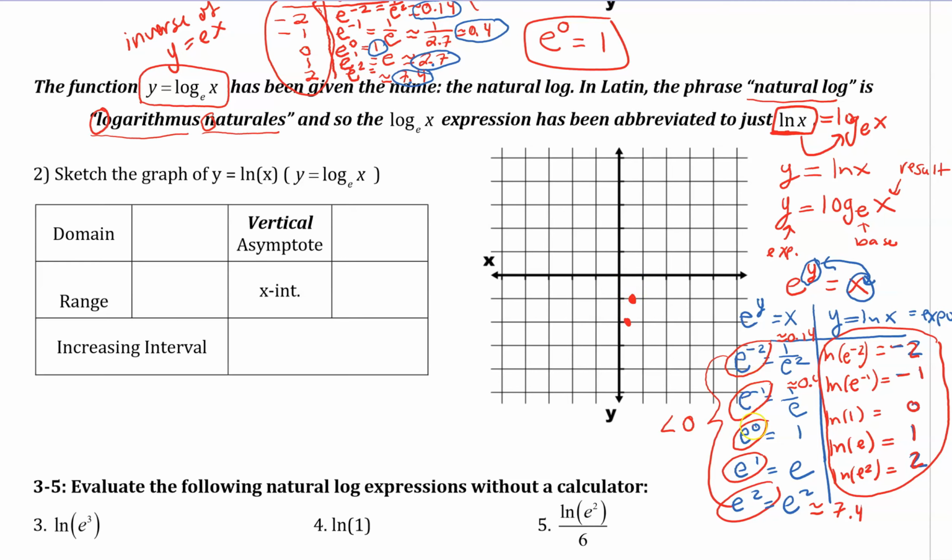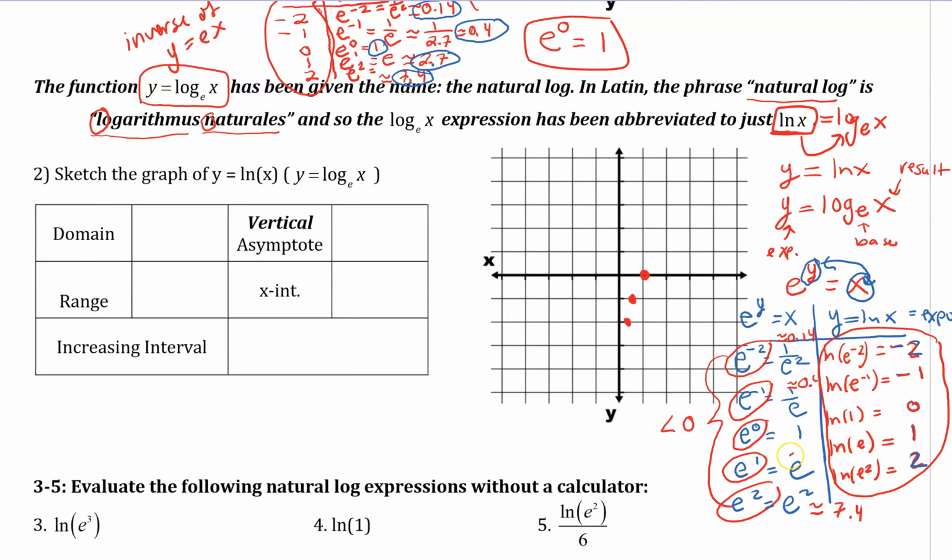For the third point when the input was 1, right, e to the 0 was 1, the output, or the exponent that made that happen, was 0. So I have a point at (1, 0), which is our typical x-intercept for any log of any base. When I had an input of e, ln of e was 1.